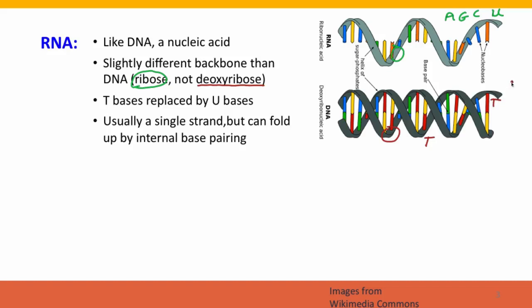This would be a T in DNA, this will be a U in RNA. U, like T, pairs with A. So if this RNA were to form base pairs, the U would be paired with an A. Let's draw that.